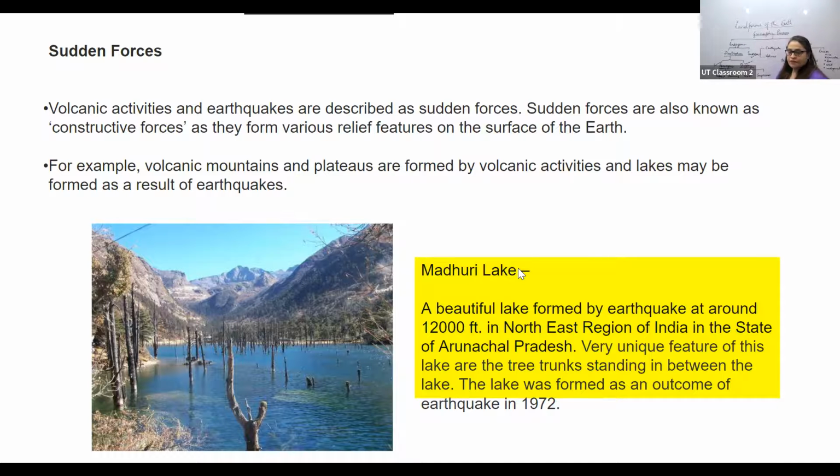Orogenic, tension and compression lead to formation of fold mountains. Sudden movements are known as constructive forces. Also we have volcanic mountains and plateaus.